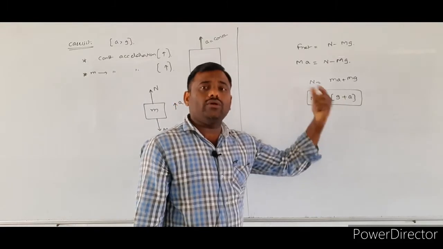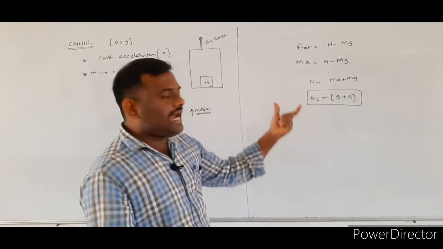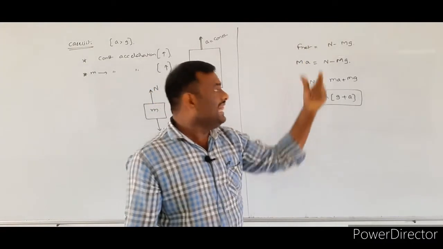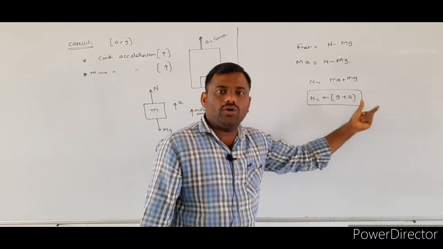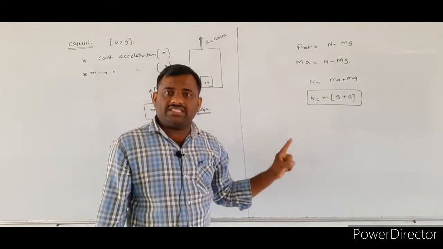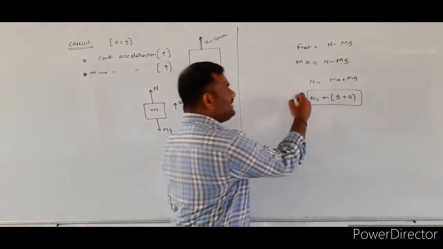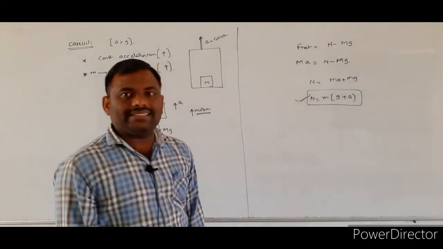The same thing I told in the first application of the upward motion: whenever the lift is moving in the upward direction, the resultant acceleration value is g plus a. So the normal reaction whenever the lift moves in the upward direction is N equal to m into g plus a.